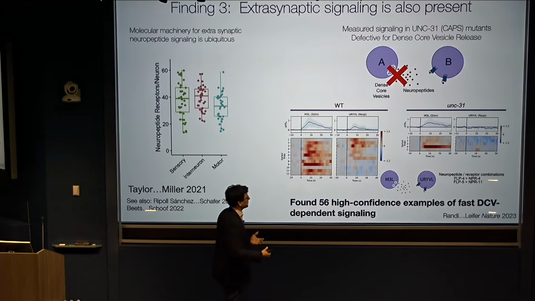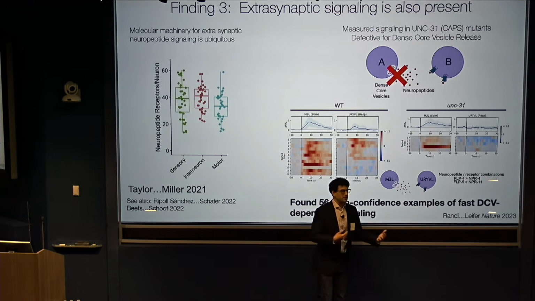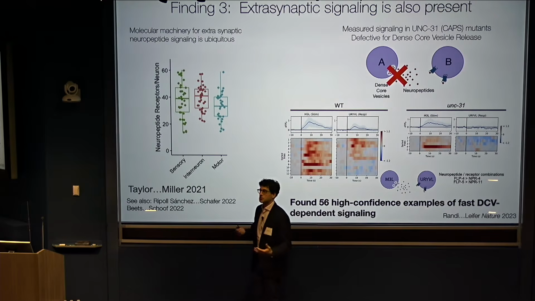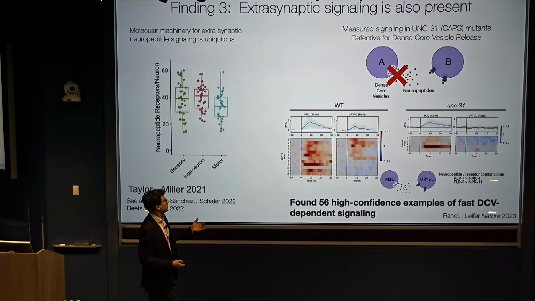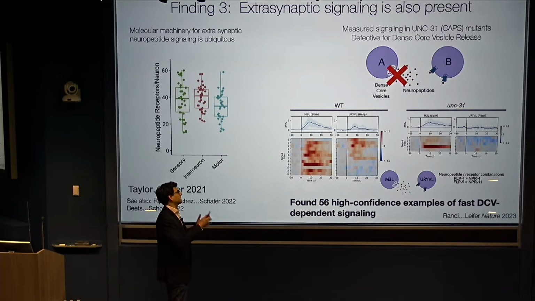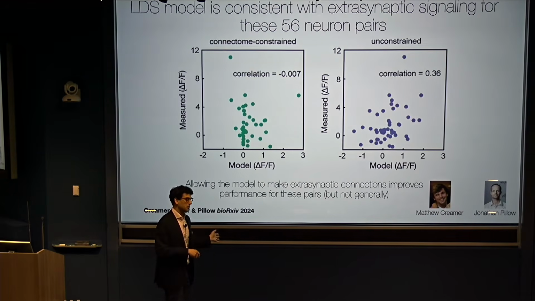And not only that, when you look, you see that they don't have direct monosynaptic connections and that they express the right peptide receptor pairs such that they could be communicating with one another. To us, this is strong empirical evidence that in some cases there's fast-ish, certainly on our 30-second time scale, peptide-mediated extrasynaptic signaling that doesn't go on the wires.